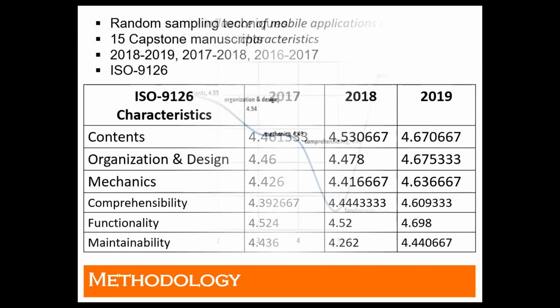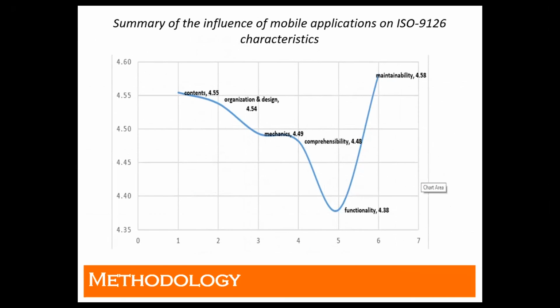And to put this into a graphical formation, this illustrates the influence of mobile applications against the metrics of ISO 9126. And it shows that maintainability, having the general weighted mean of 4.58, leads to the top, and it is followed by the contents of the system having the general mean of 4.55.